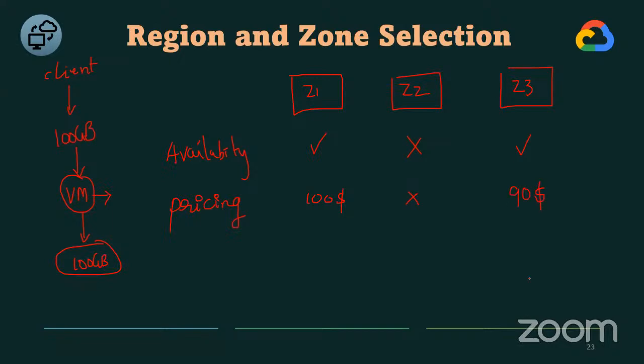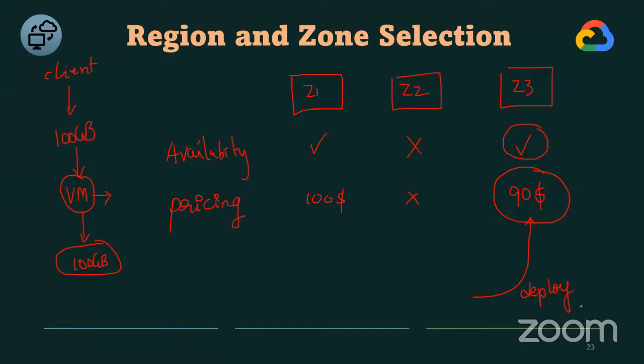Can you guys please tell me where we have to deploy our resource? Obviously zone 3, right? Because the resource is available here as well as it comes at a lower cost. So that's the reason you have to create your resource here.